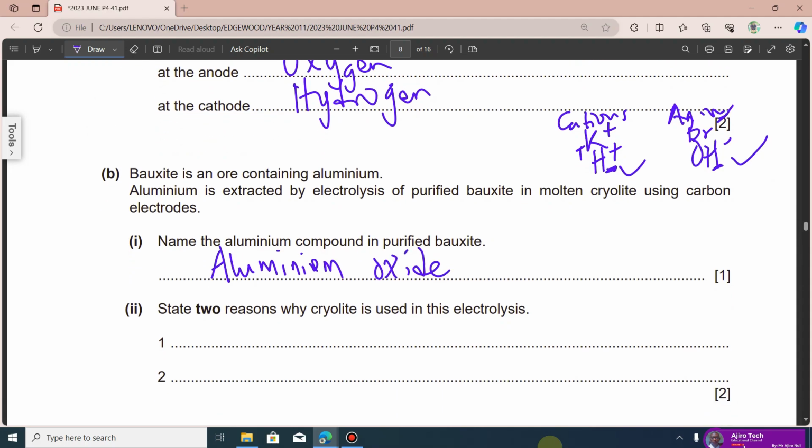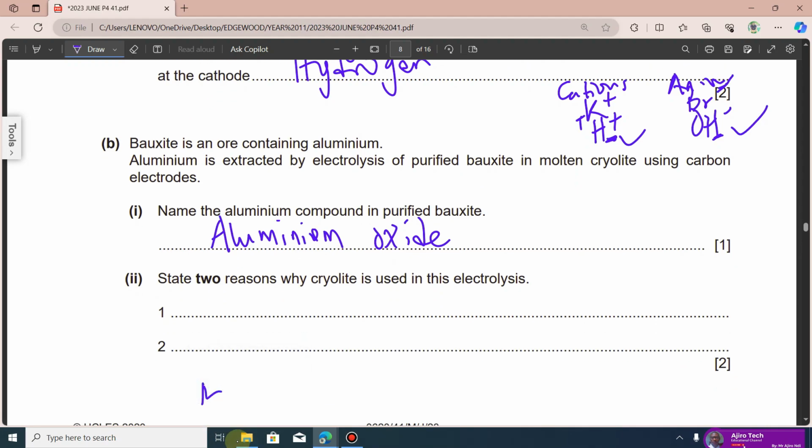So state 2 reasons why cryolite is used in this electrolysis. Number 1, let's write this properly. One of the reasons why cryolite is used is to lower the melting temperature of the bauxite, so that in the long run it reduces the cost.